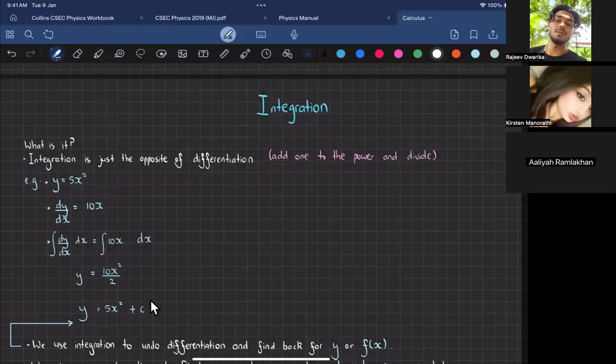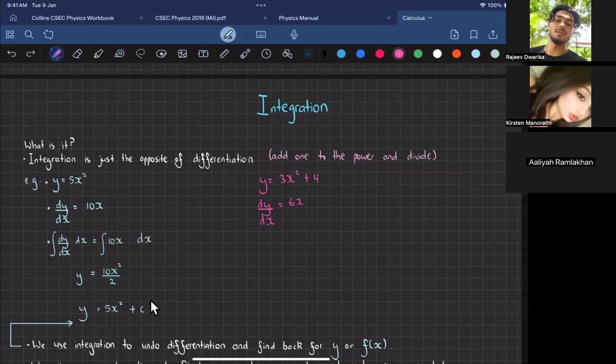So Aliyah, if we integrate dy dx, we're going to get back what? You're going to get back y. But let me try something. Imagine if you had y is equal to 3x squared plus 4. Differentiate that. 6x plus 0. You differentiate 4, 0, right?